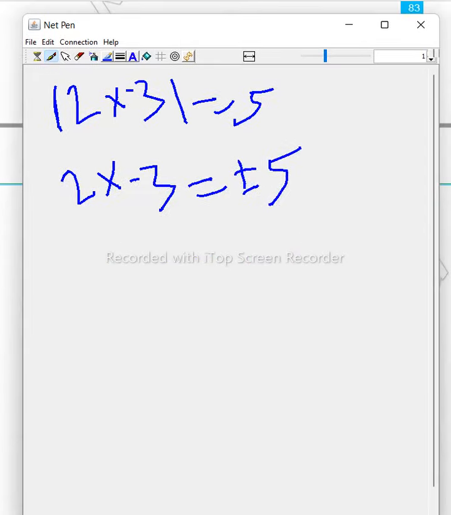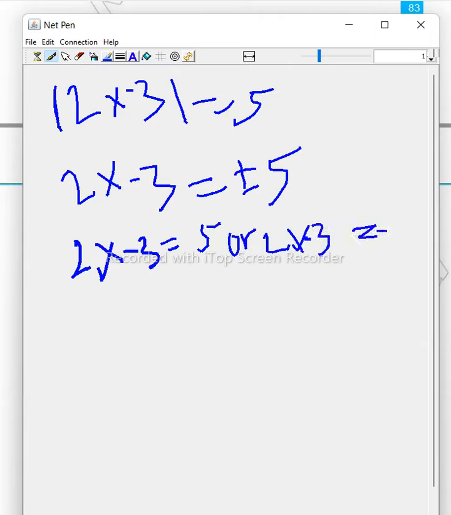We get this when we are out of absolute value. So let us do this with the first equation, 2x minus 3 is equal to 5, or we can also write another equation, 2x minus 3 is equal to minus 5. We have this type of equation.